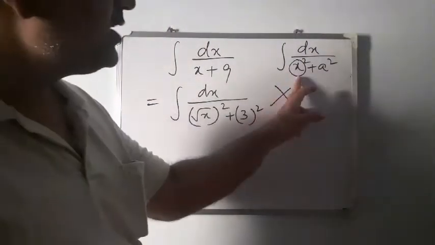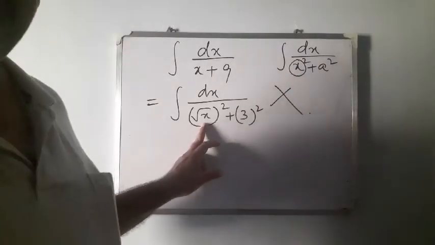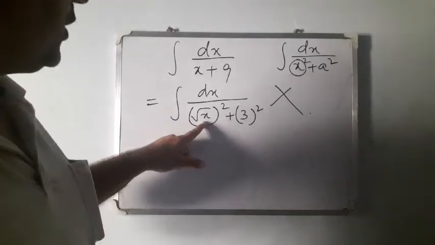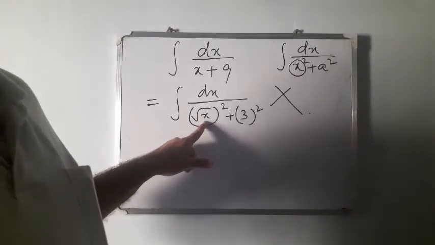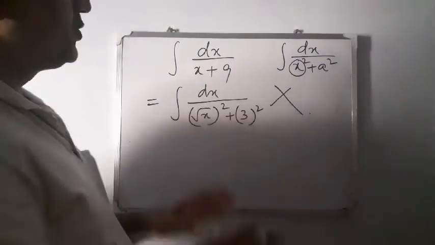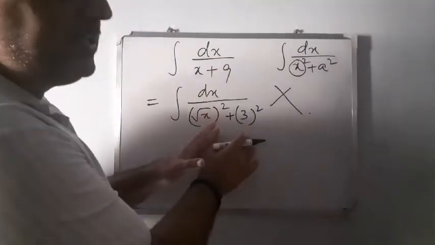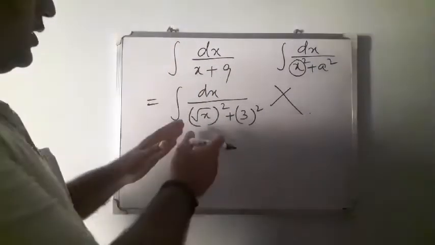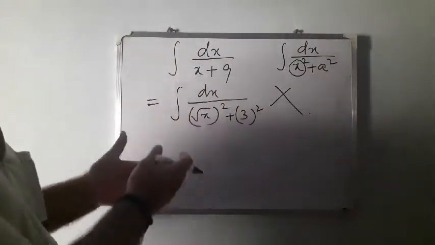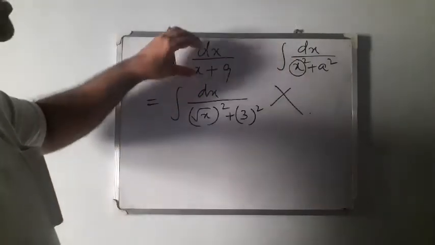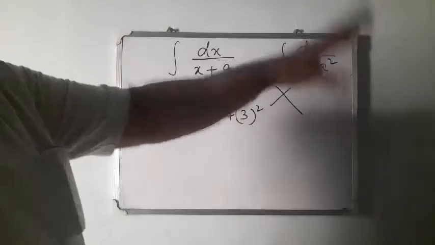Anything should not be shifted into the form of a square. So if we have x, you can't write root x. We should have x square here. So this technique is totally wrong. Do not try to adjust this problem, or problems like this, in this form. If you are able to apply it in the correct form, then you can solve all the problems of this type using these 6 formulae.